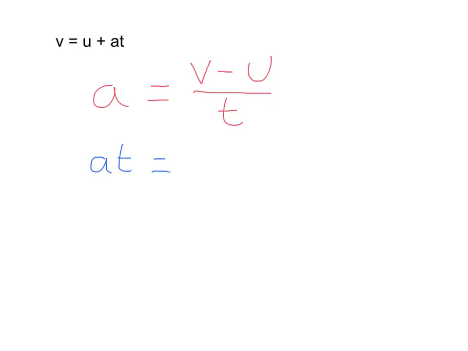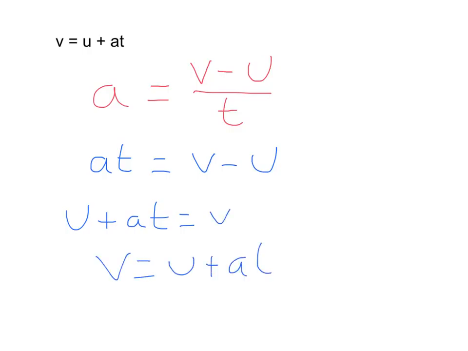We get at is v minus u, and then add u to both sides. We get u plus at is v, or if we prefer, v is u plus at. Okay, so the first suvat equation, v equals u plus at, is merely a rearranging of the definition of acceleration. Acceleration being change in velocity over time, so the rate of change of velocity.